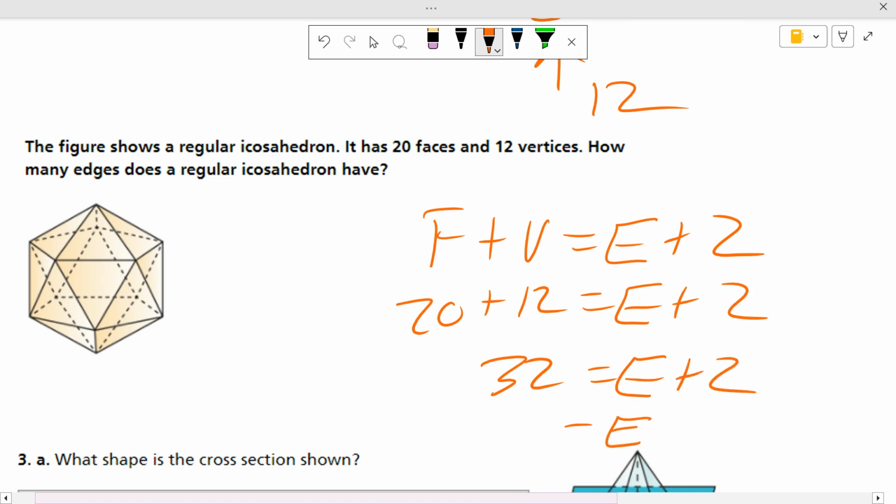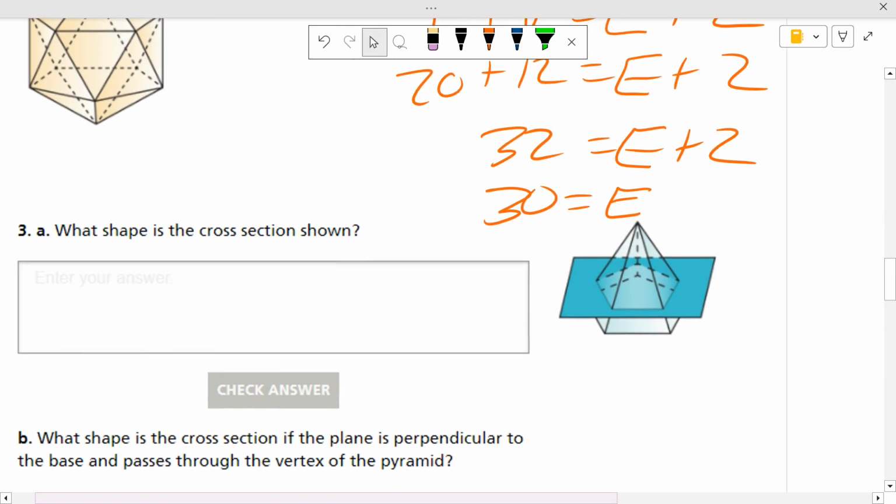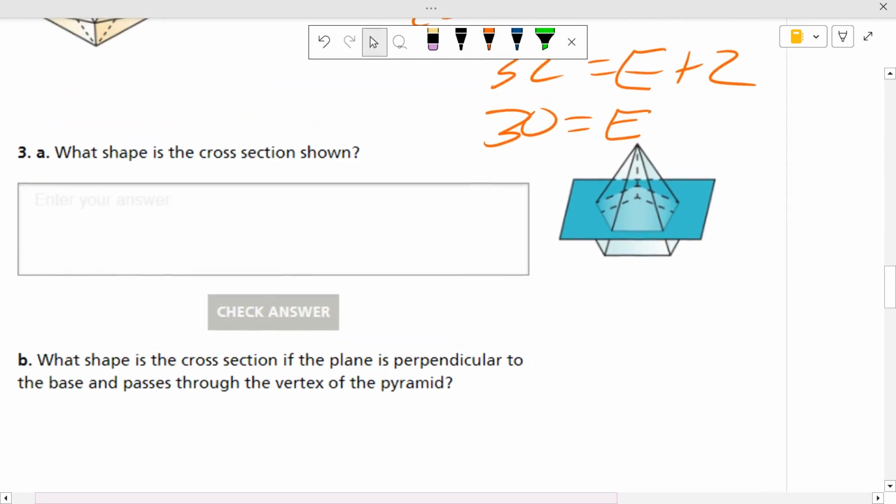What is e? 30. Okay? So, Euler's formula, really easy. You plug in the numbers, you figure out the other numbers. Now, you're going to have a separate Euler's formula for, it says something different on your homework. So, when you hit that, you'll have to work your way through it.